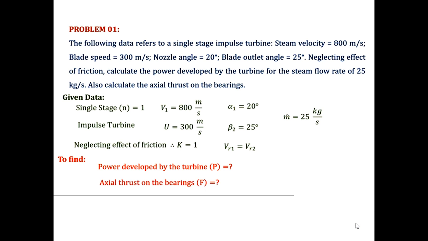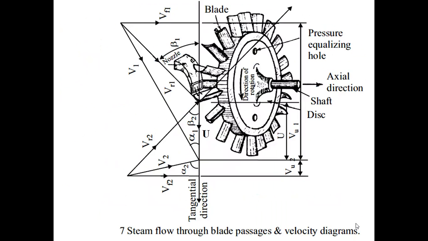Before going to this, we'll see what axial thrust is. That is clear from this diagram. Axial thrust means steam is flowing parallel to the shaft, so axial thrust is also developed on the axial bearings or the thrust bearings in the axial direction, that is, in the VF direction. All of you clear what axial thrust is?